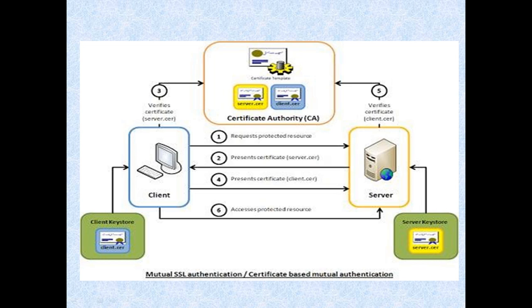So this is how it requests the protected resource and presents the certificate. When it requests, after verifying the credentials, the server will return the certification. Once the certification is provided, the client verifies it with the certification authority like VeriSign.